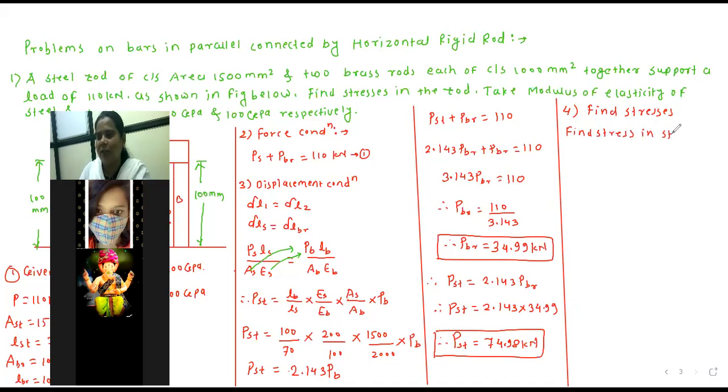Sigma ST is equal to force upon area, force in steel divided by area of steel.